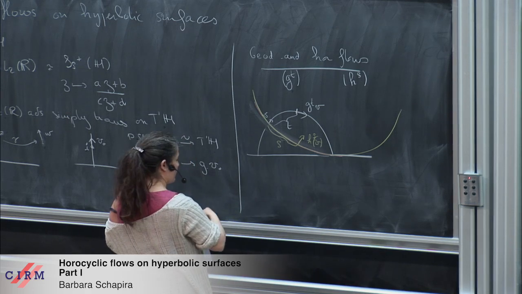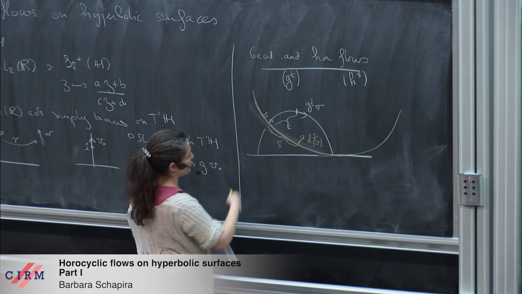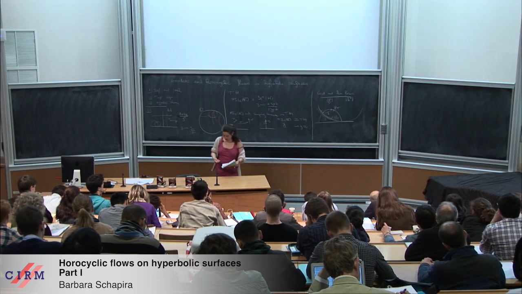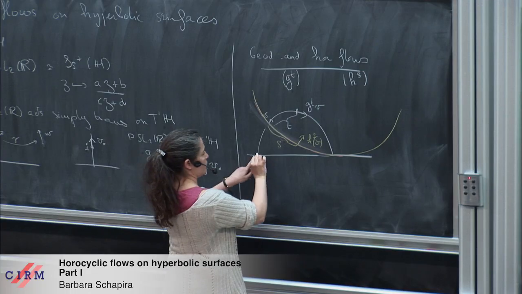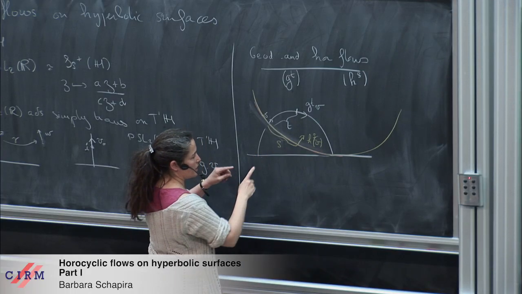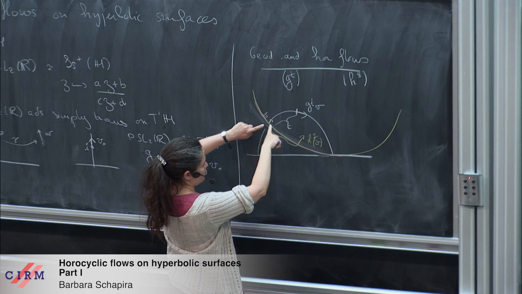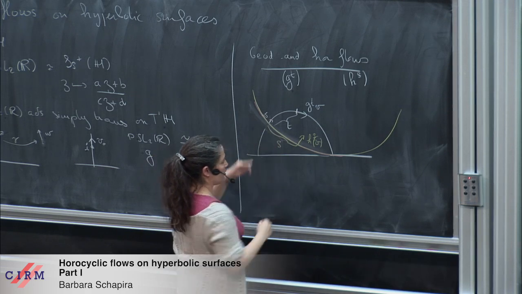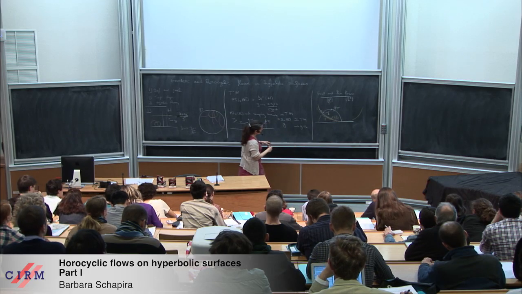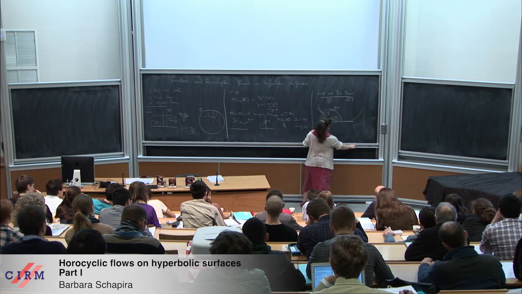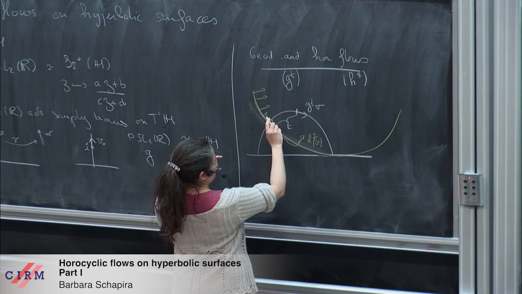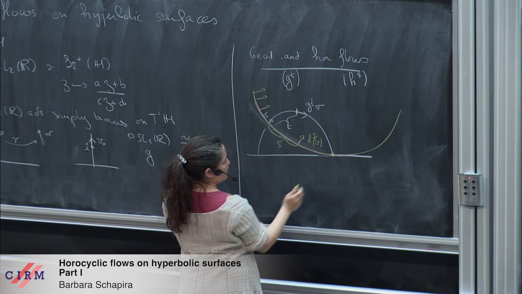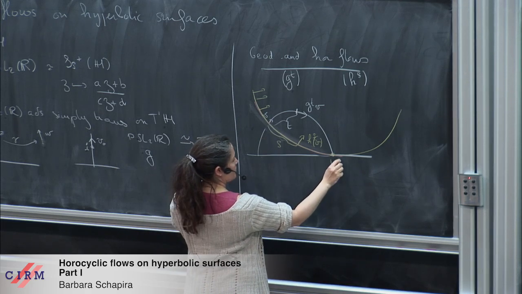Again, take a vector V. It defines a unique geodesic, and so the geodesic flow moves the vector along this geodesic, but it also defines a unique stable horocycle, or stable manifold as Frédéric defined it, which is the set of vectors which have the same endpoint at infinity.